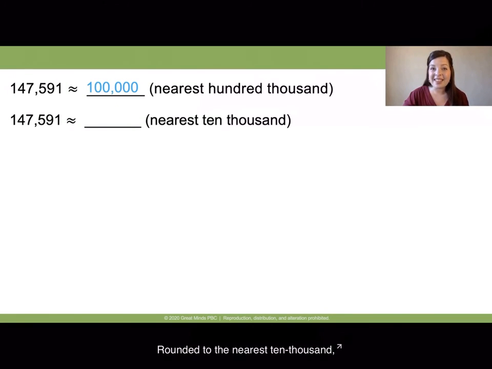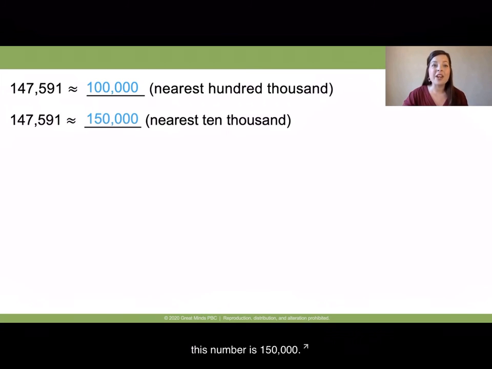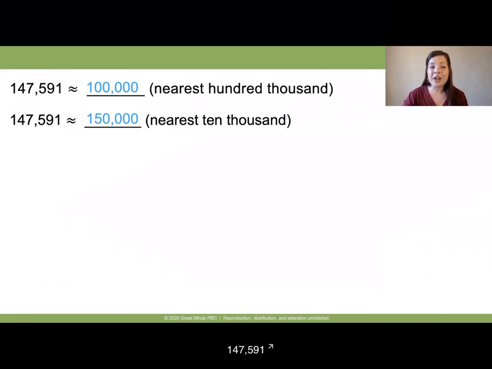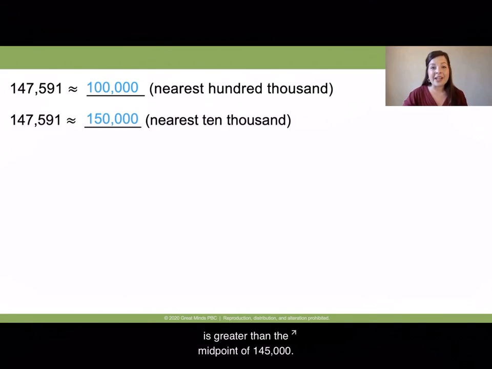Rounded to the nearest 10,000, this number is 150,000. Why didn't it round to 140,000? 147,591 is greater than the midpoint of 145,000, so it would round up to 150,000.